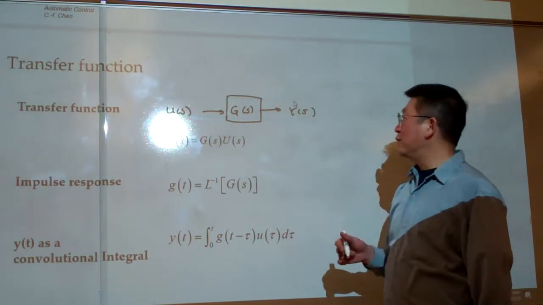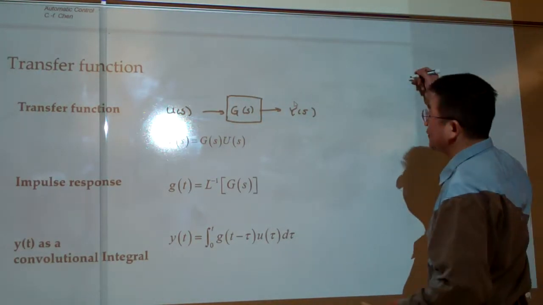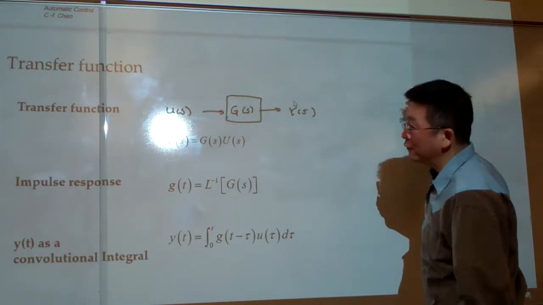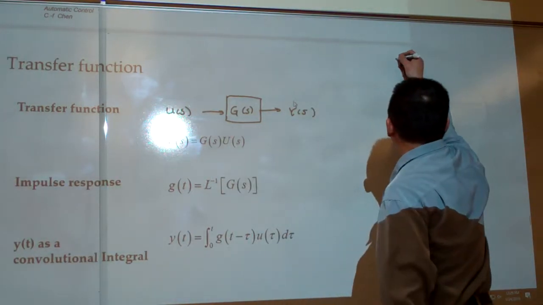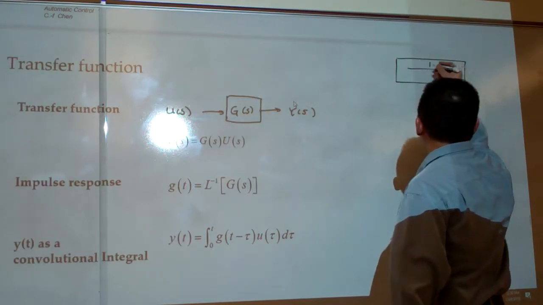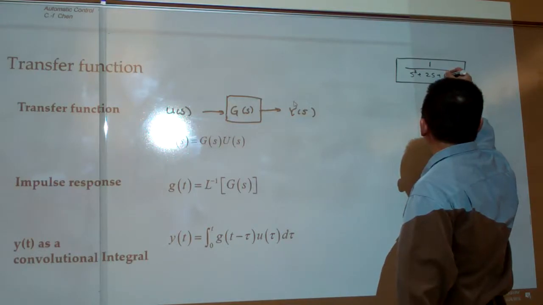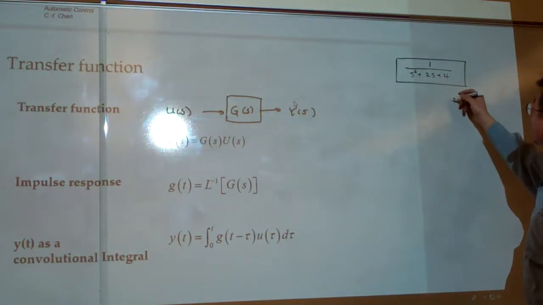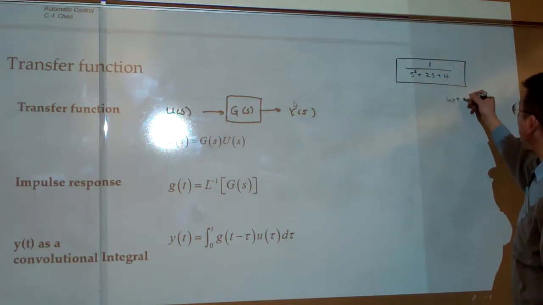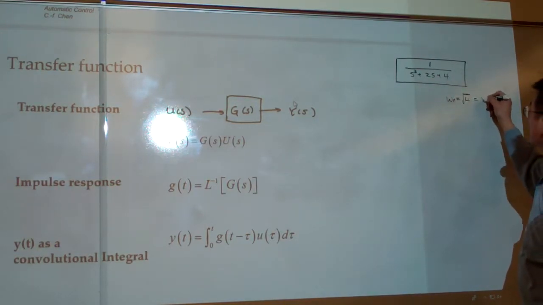So for example, we consider this function, our example there. Here is our transfer function, and let me make up one: 1 over s squared plus 2s plus 4. The corresponding case is omega n squared equal to 4, so omega n equals 2.